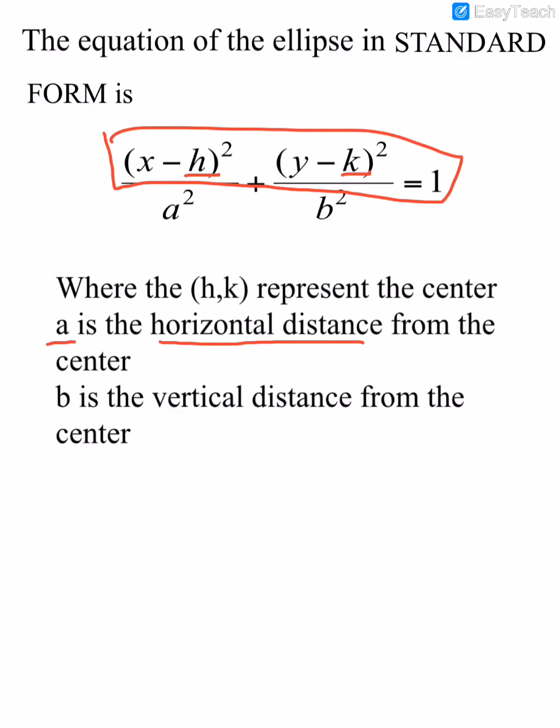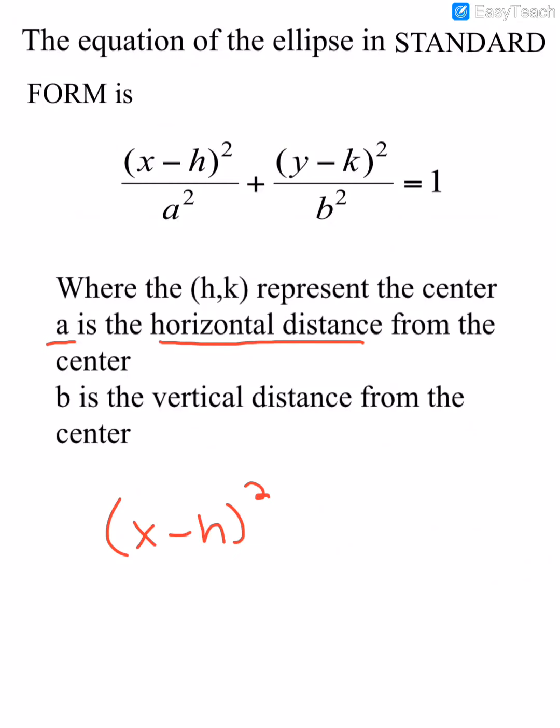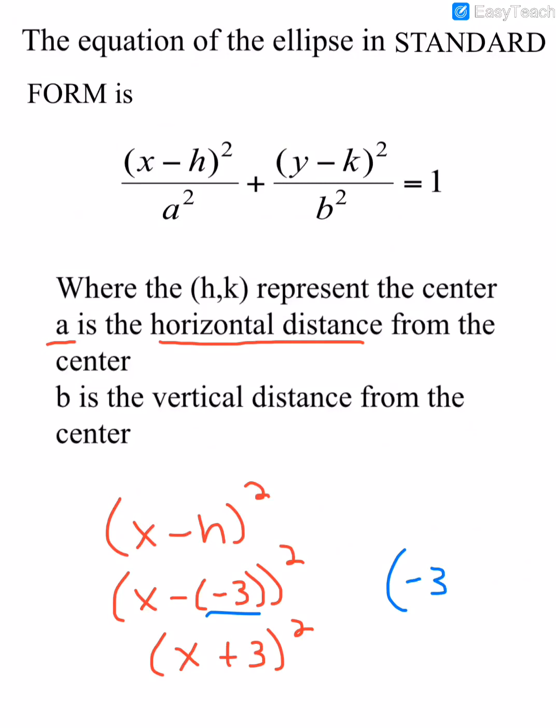For example, this is x minus h squared. If I were to plug in a negative 3 for h, that would be x minus negative 3 squared. Well, a negative 3 would be x plus 3. But I had plugged in a negative 3. So when I pull it out, my h is going to be a negative 3, not a positive 3, even though it looks positive in the equation.